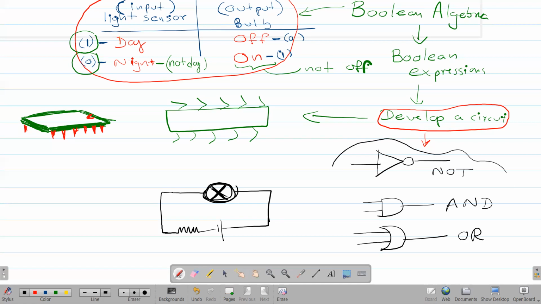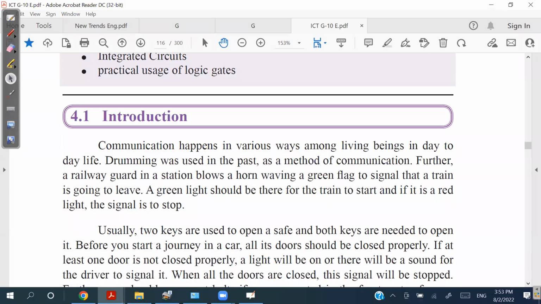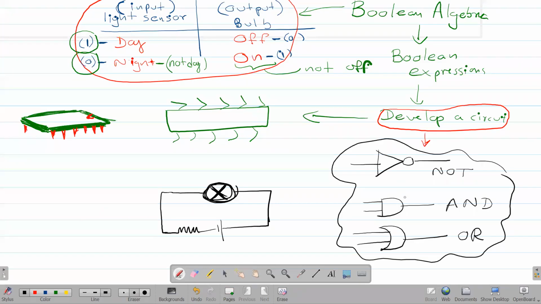So using these kinds of symbols, they will create a particular circuit, and that circuit will be implemented in the practical world, in the actual world, in this manner, right? So in this lesson, what we are trying to do is develop a particular schematic diagram or plan using these types of symbols.